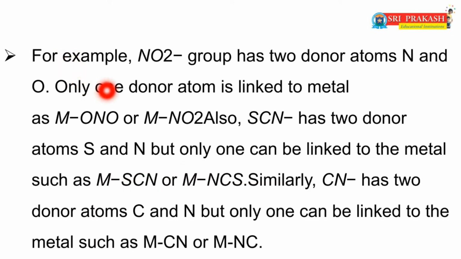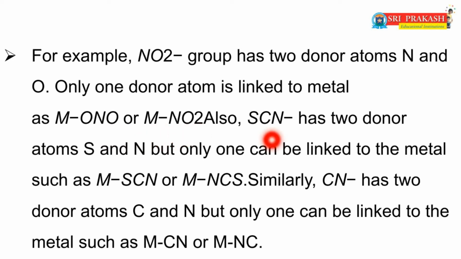Another example, the NO2 minus group, that is the nitro group, has two donor atoms. One is nitrogen and the other is oxygen. But only one donor atom is linked to the metal, as M-NO2 or M-ONO.